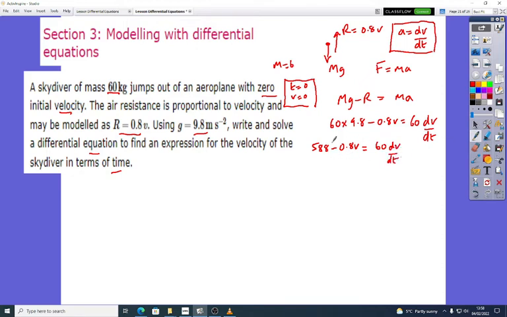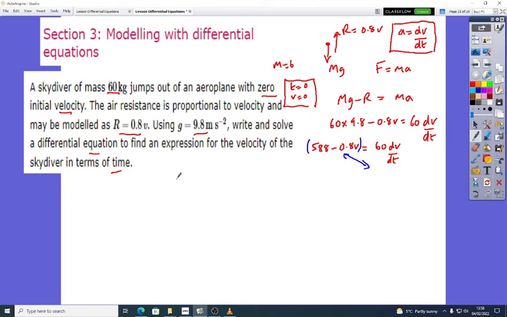Now what I need is, I'm going to have to group this as one because it's a product. Bring that down, bring the t up. I will need to bring that to this side because I want all the v's on this side. So yeah, let's do it.